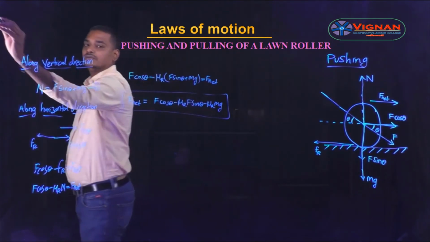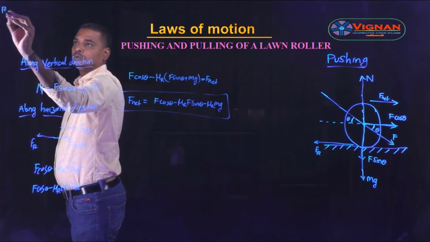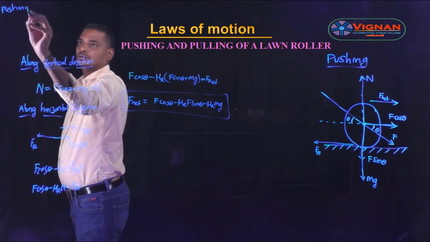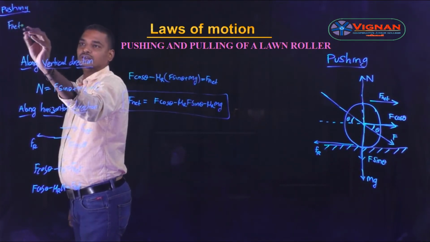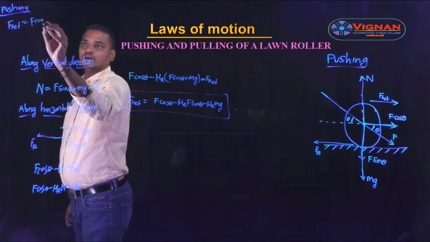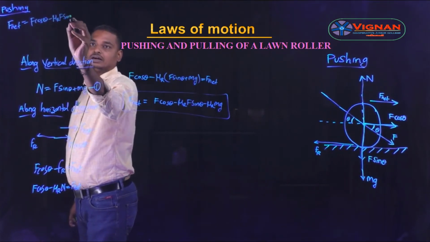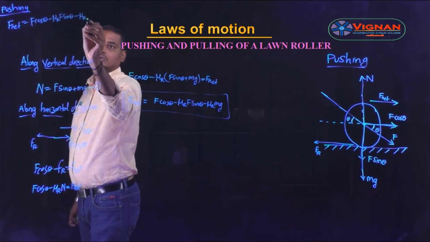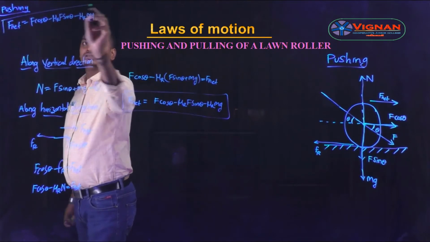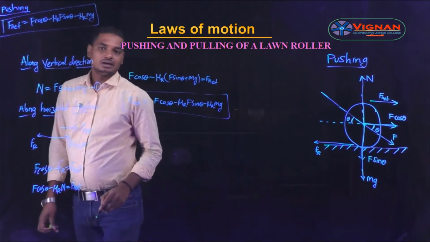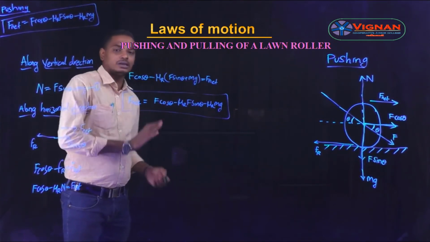I am writing this equation for the further verification process. So while pushing, we get a net resultant force F net equal to F cos theta minus mu r F sin theta minus mu r mg. Okay, so this is the net resultant force which we have obtained in the case of pushing a body.